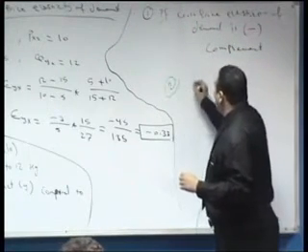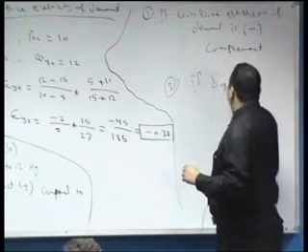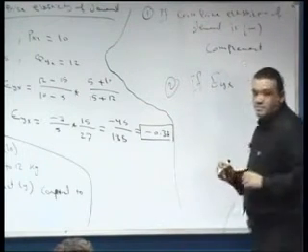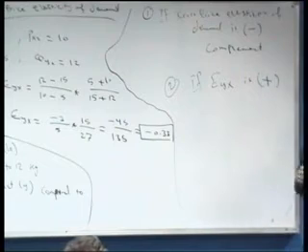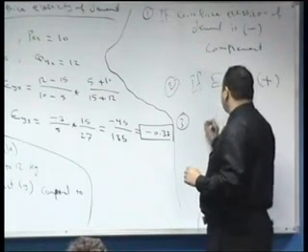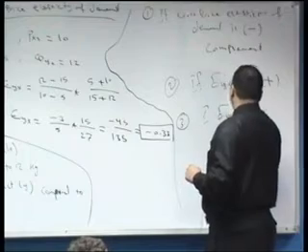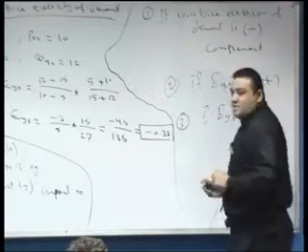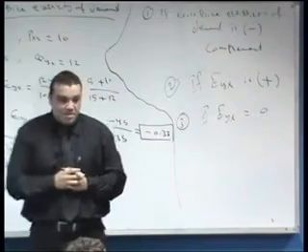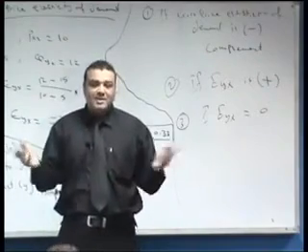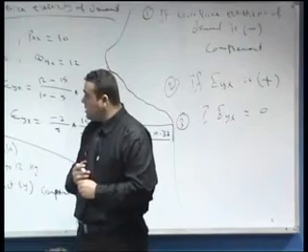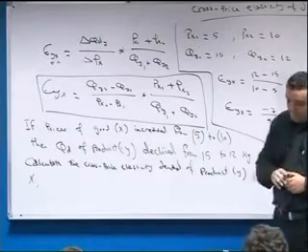Number two, if Eyx is positive, they are substitutes. The last case, if Eyx equals 0, there is no relationship between the product X and the product Y, so they are independent, right? Let's take another example.